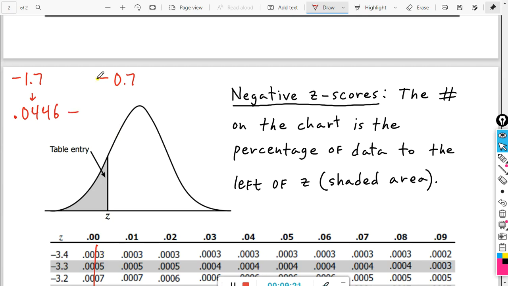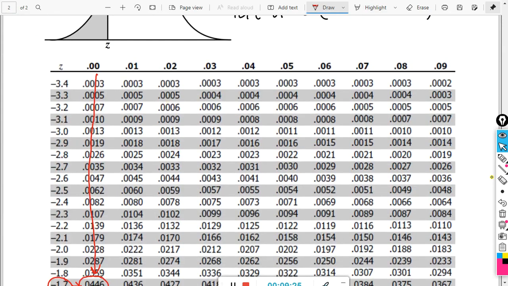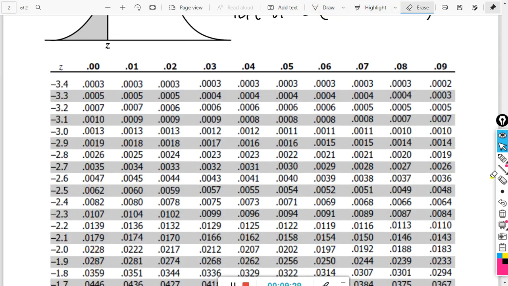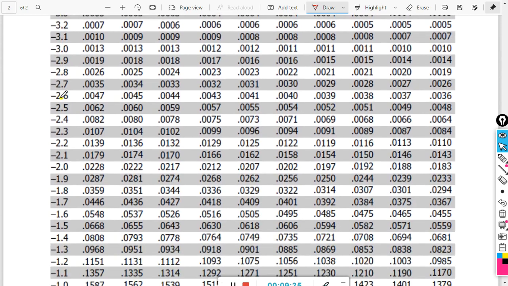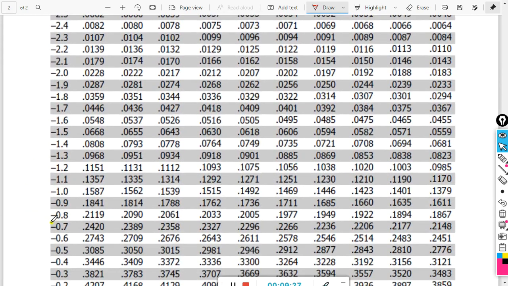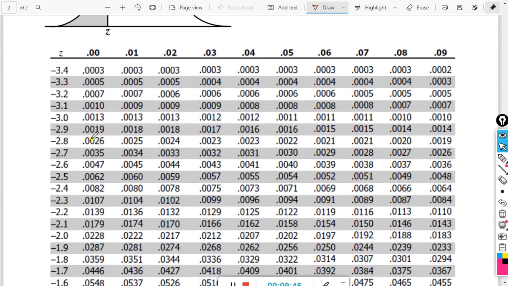All right, and then we want negative 0.7. Let's see. Here's our z-scores. Negative 0.7 is right here. Okay, we're not adding any decimals on it, so we want negative 0.70.